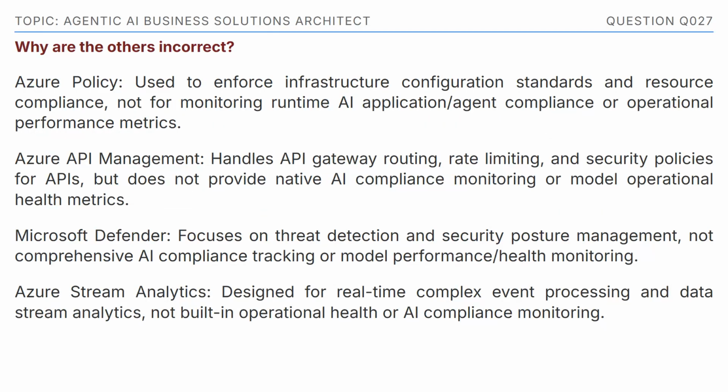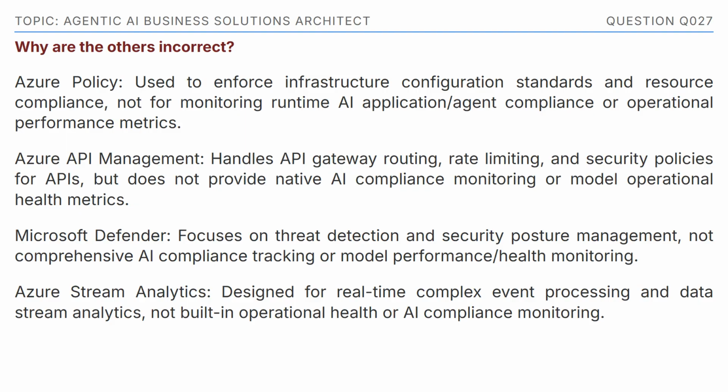Why are the other answers incorrect? Because Azure Policy is used to enforce infrastructure configuration standards and resource compliance, not for monitoring runtime AI applications and agent compliance or operational performance metrics. Azure API Management handles API gateway routing, rate limiting, and security policies for APIs, but does not provide native AI compliance monitoring or model operational health metrics.